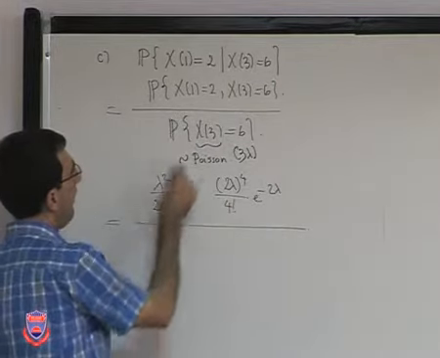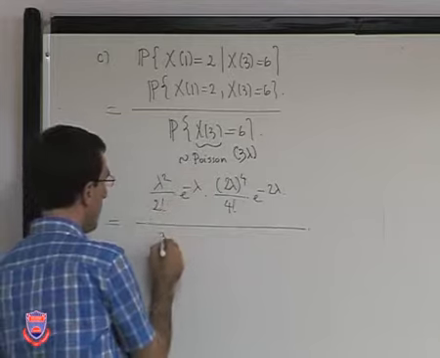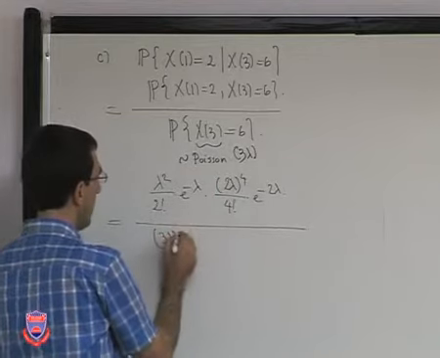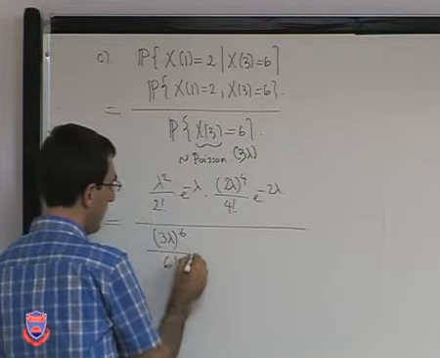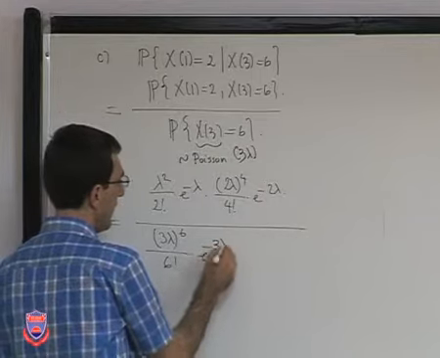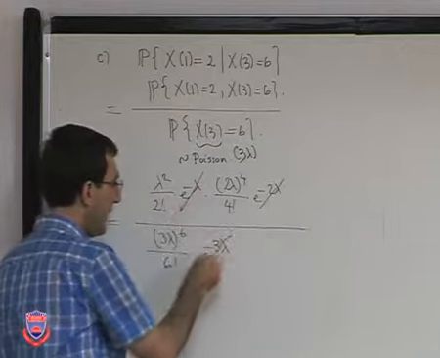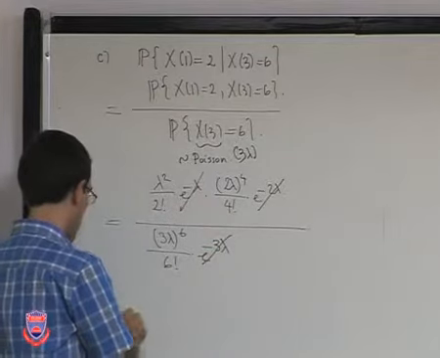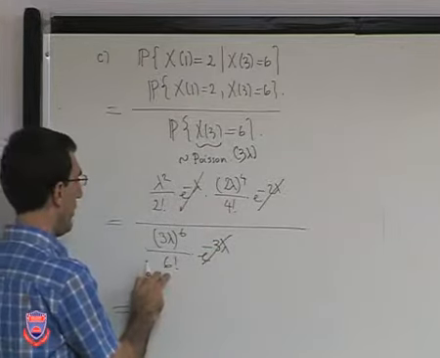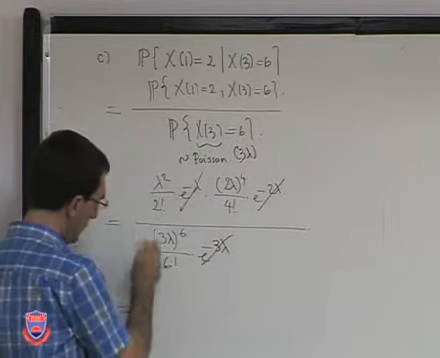In the denominator we have what? So the new mean is 3 lambda to the power 6 divided by 6 factorial times e to the minus 3 lambda. Right? Now here you see the exponential terms cancel each other, and there is 6 factorial below that just goes up.